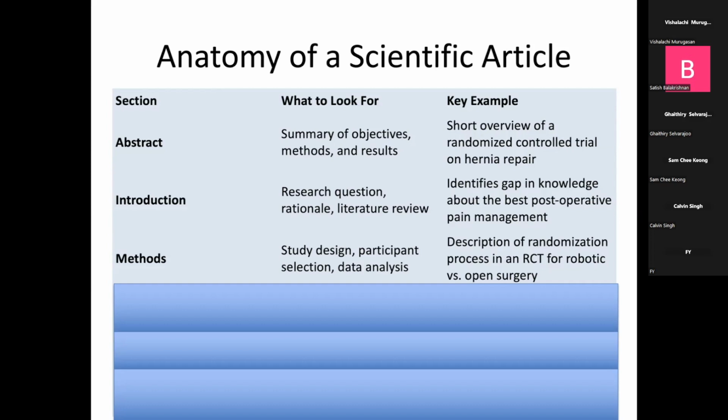Did you do a simple data analysis, chi-square, a Student's t-test, logistic regression, Kaplan-Meier survival analysis, etc.? It tells you what exactly was done.